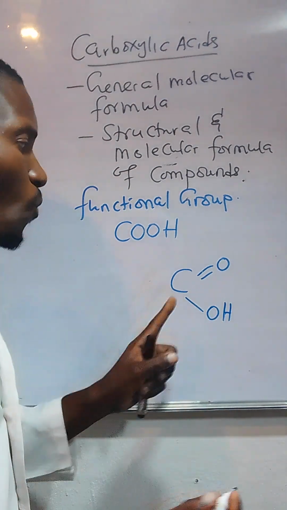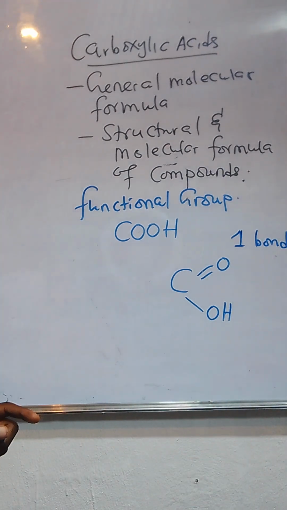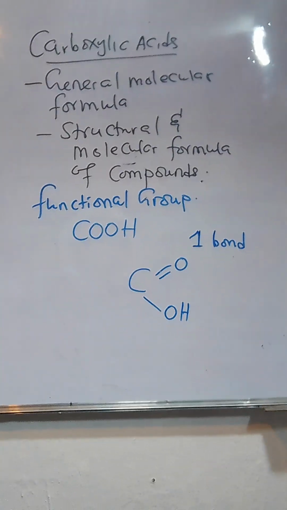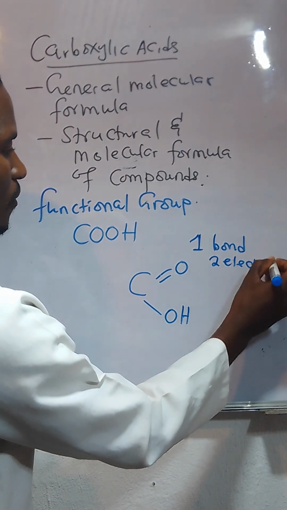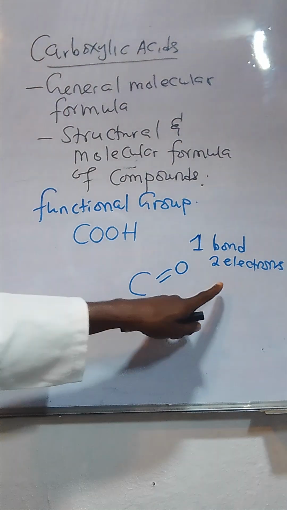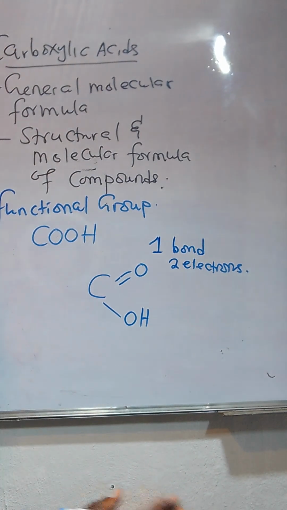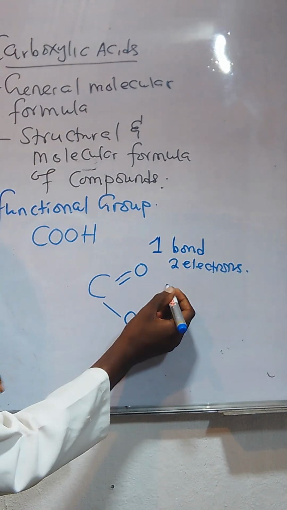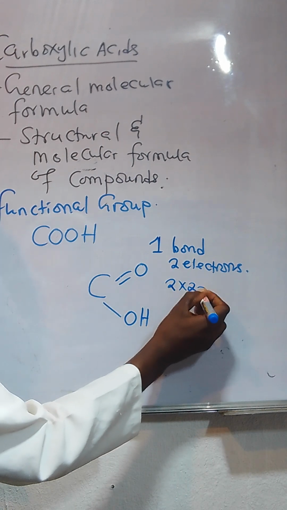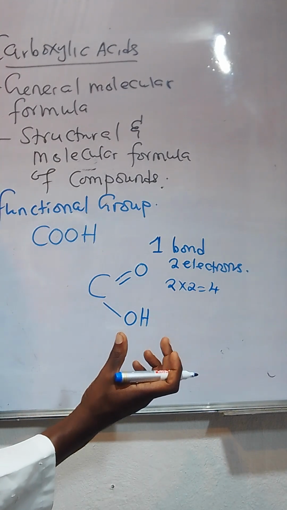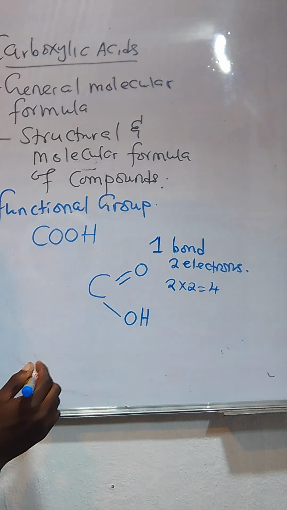Now remember that this 1 bond has 2 electrons. So 1 bond is equal to 2 electrons. So if I have 2 bonds, that is 2 times 2, I'm going to have 4 electrons. And then I have also 1 bond, meaning I have 2 electrons.